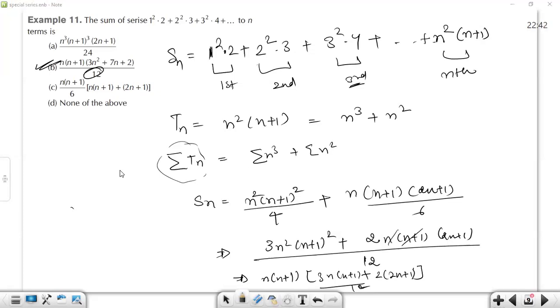We have to find out the nth term. So let's move ahead.